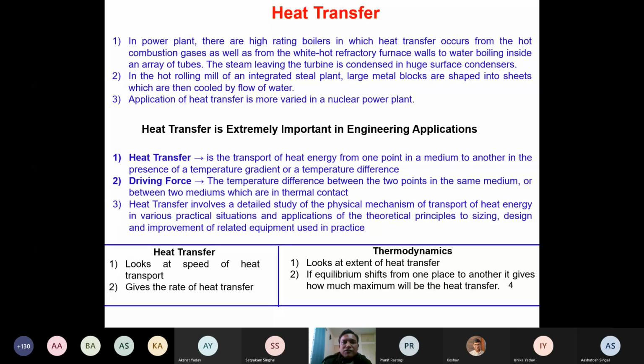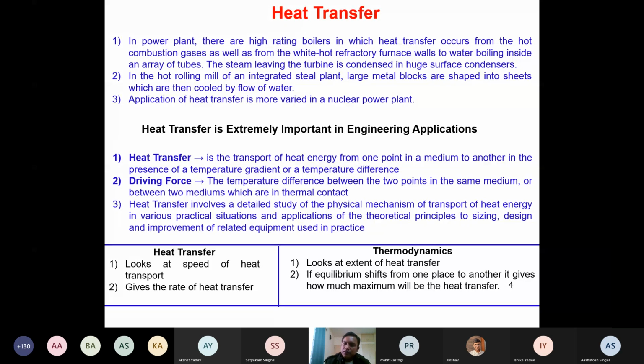So whenever there is a temperature difference or a temperature gradient, the heat is transferred from the high temperature to the low temperature. Again, what is the driving force for the heat transfer? The driving force for the heat transfer is the temperature difference between the 2 points in the same medium or between two different mediums when they are in thermal contact.